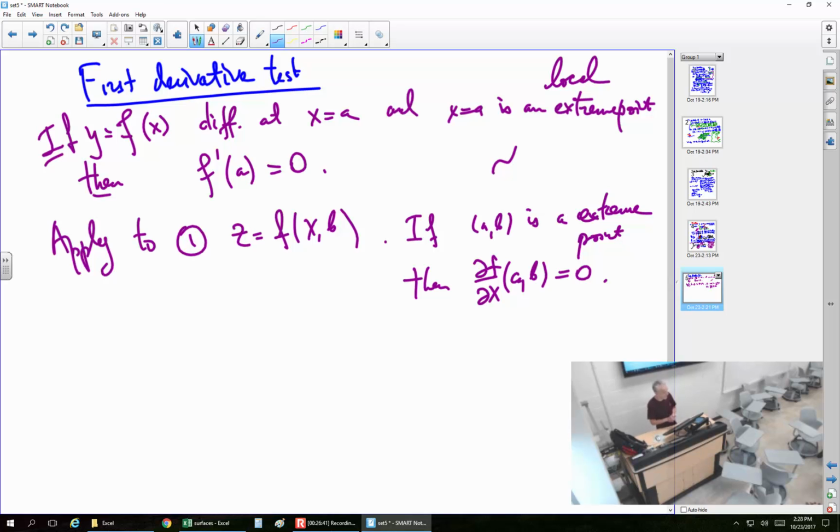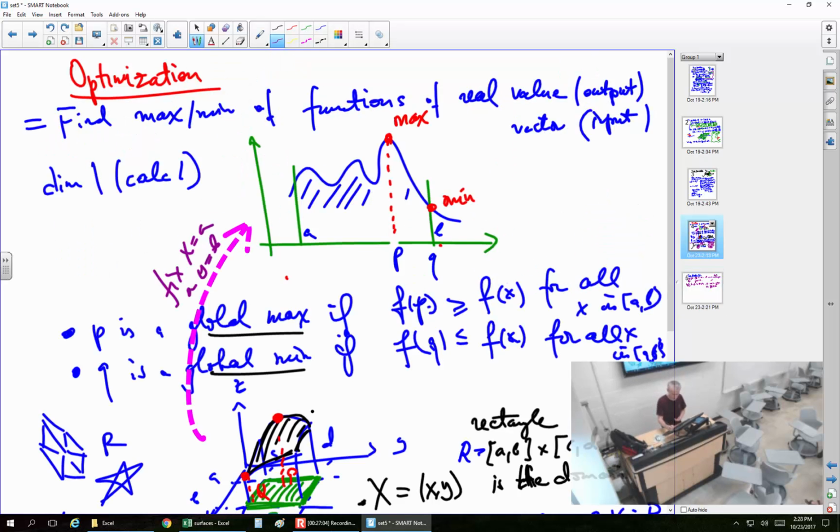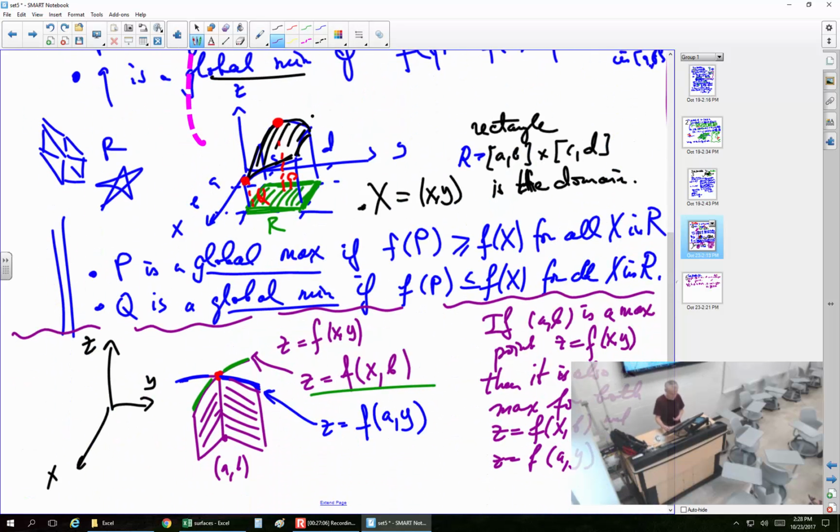It's the same function. If you were concerned about using the same letter, how about I put a g here so we wouldn't have to worry about it. So we have a function g, which is simply the original function of two variables f of x, y, with one of the variables, this time y, fixed at b, and then once again this picture that I will keep referring to.